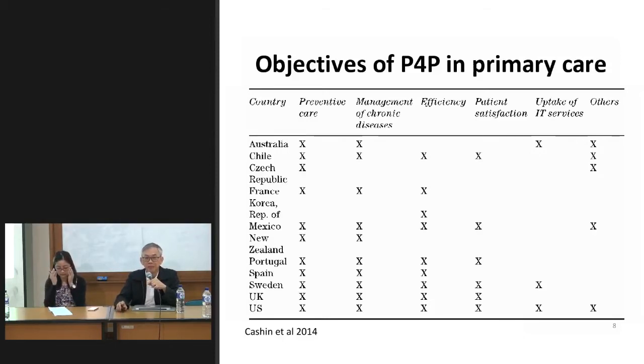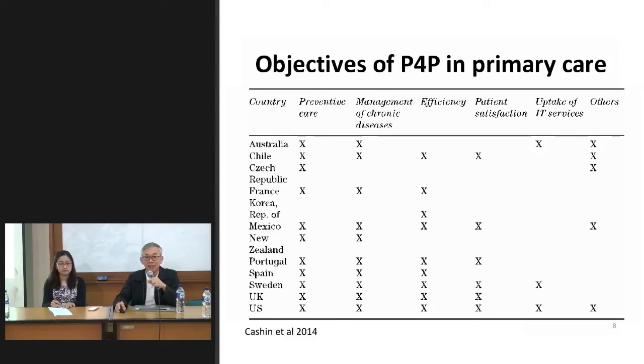For preventive care, you may think about the coverage of vaccination. If the coverage of vaccination is high, then the GP or the primary care team will get the bonus.